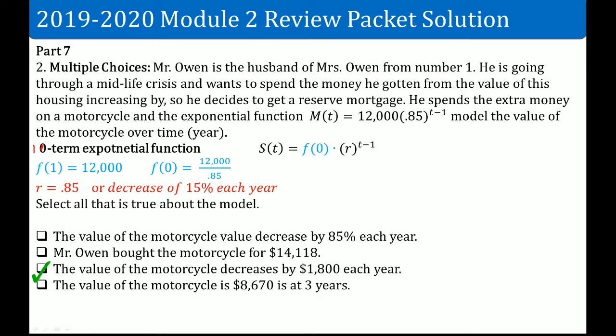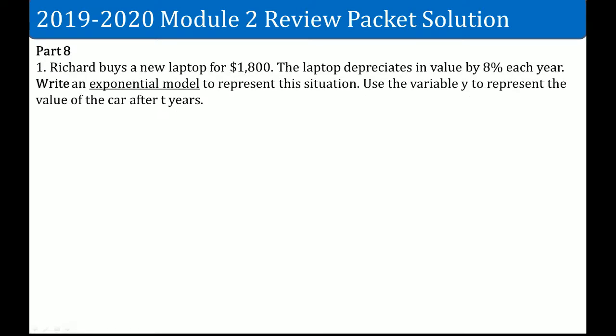No, because it is exponential. So the way it's decreasing is changing over time. And the value of the motorcycle is 8,670. That is correct. Okay, so it is the second one and the fourth one that is correct. Part 8. No, wait, hold on. Am I only covering part 7? Yeah, part 8's on the next one.